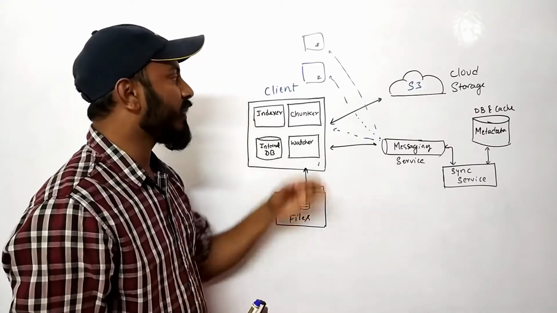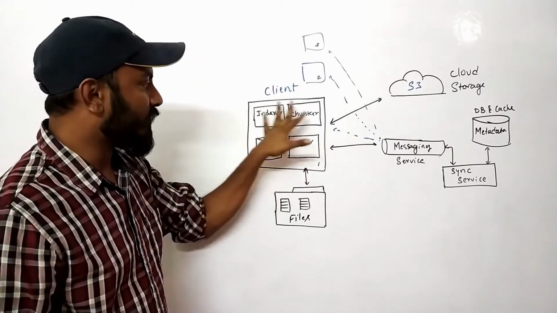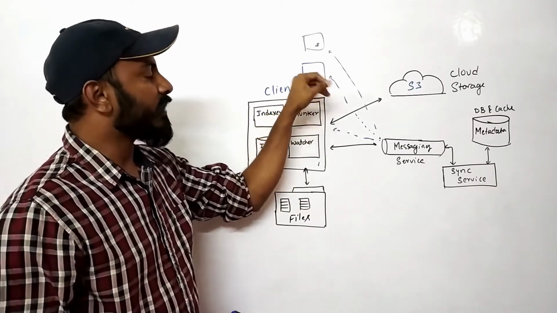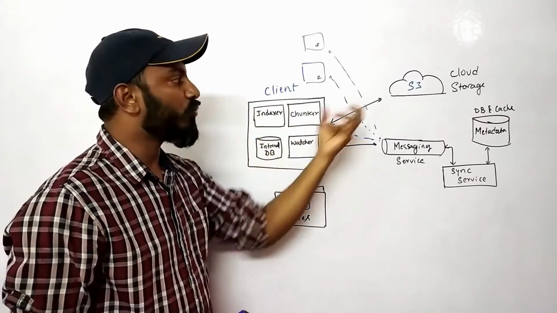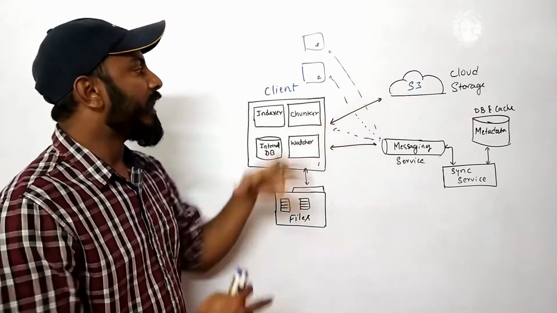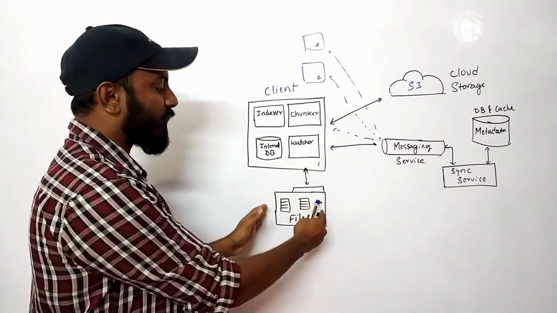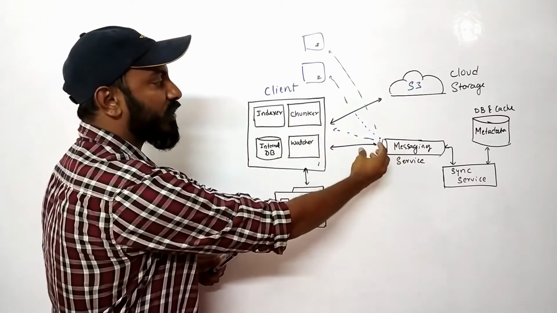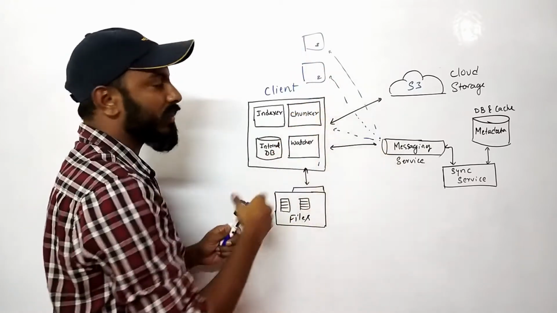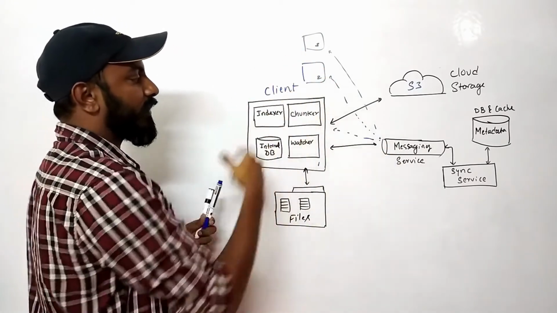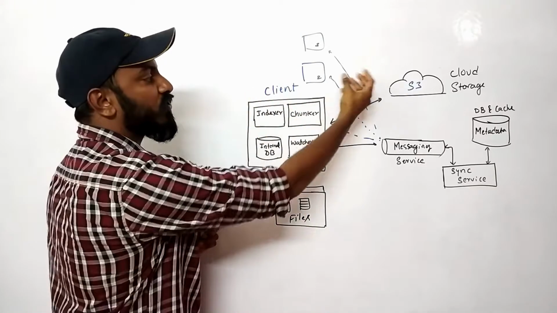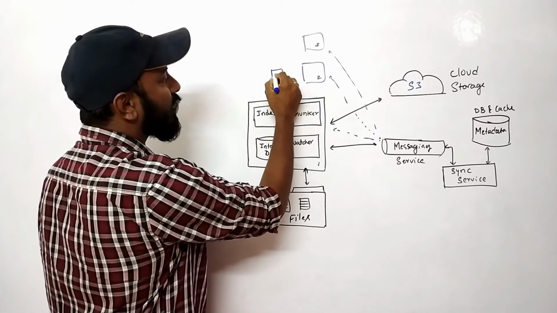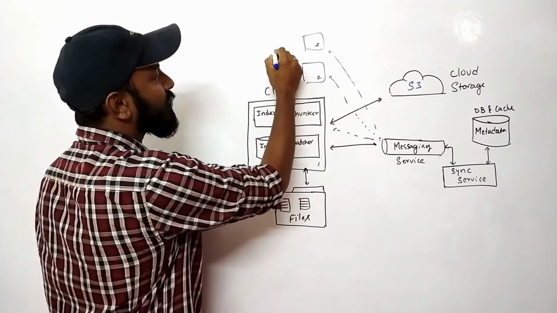Now they obviously have the same kind of components here, and the indexer will now fetch back those chunks from the cloud and rebuild the file, or sync the file back into their devices. So as soon as the messaging services send the messages to these clients, the indexer there will get back all of the chunks of the file, say for example these two files' chunks, and then inside the folder they will recreate the files.